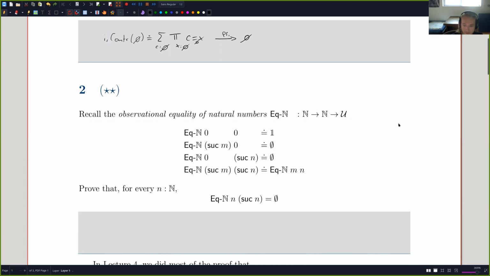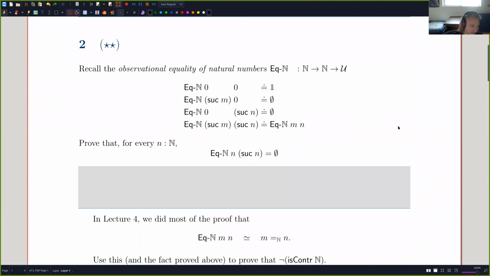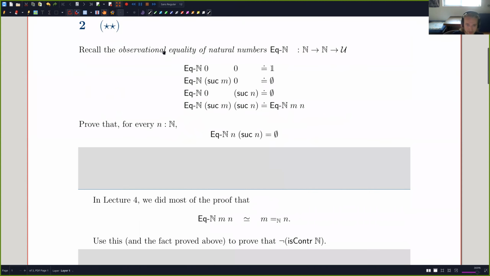Moving on, another exercise about observational equality. I'm pretty confident that this is the last one. Here we're asked to prove that the observational equality of any n with the successor is empty, and that's also pretty straightforward. We simply prove this by induction on the natural numbers.